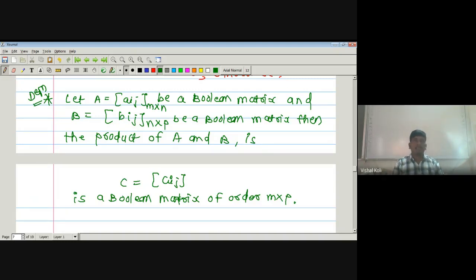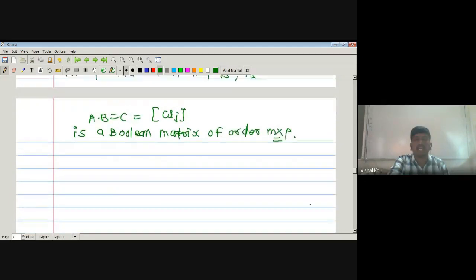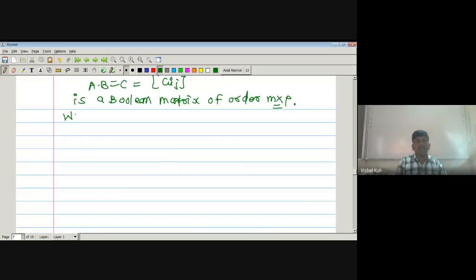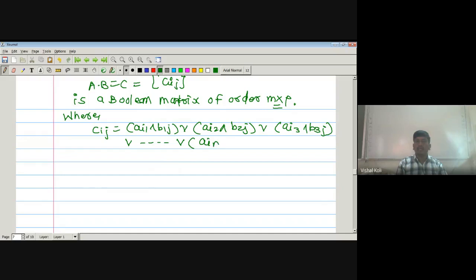Therefore, here A is a matrix of order m cross n and B is a matrix of order n cross P. Then its product A into B is equal to C, which is a matrix of order m cross P and which is again a Boolean matrix since all of its entries are either 0 or 1, where Cij is equal to Ai1 meet B1j join Ai2 meet B2j join Ai3 meet B3j join up to and so on join Ain meet Bnj.